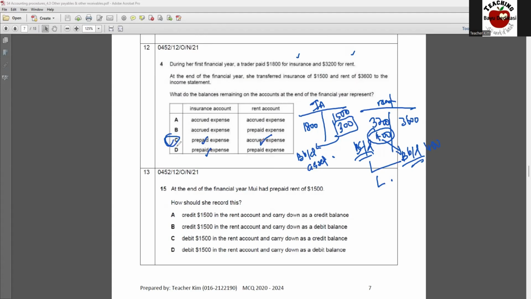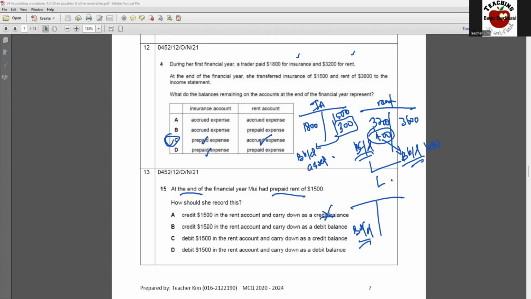Question 13. At the end of financial year, Mui has prepaid rent. This is end year prepaid rent. Prepaid rent means that the balance BD in here. How should she record this? Credit 1,005 in the account and carry down as a credit balance. So this is wrong. This one should be in the debit balance.